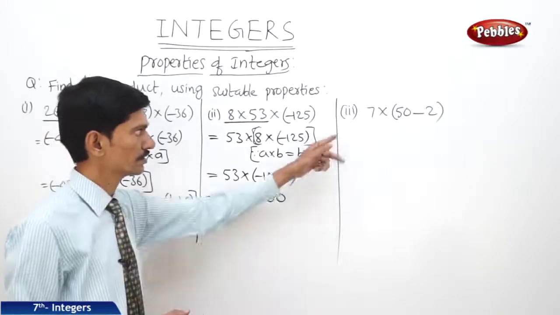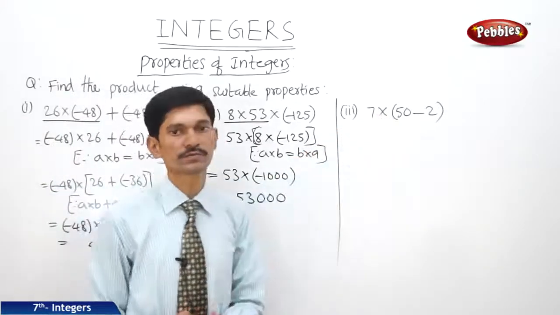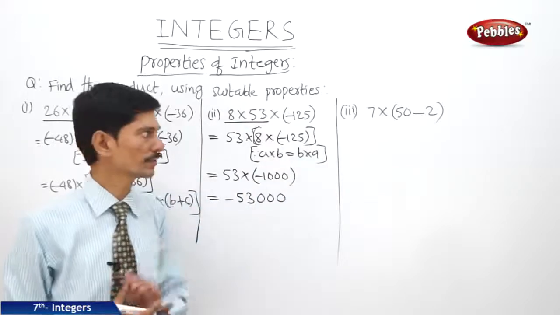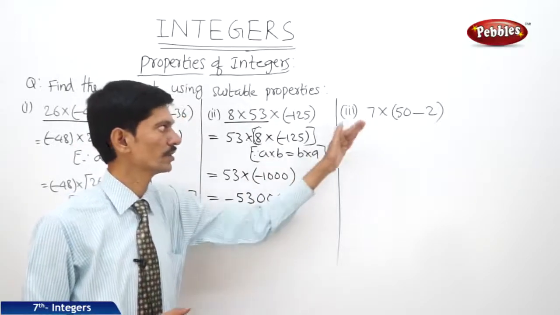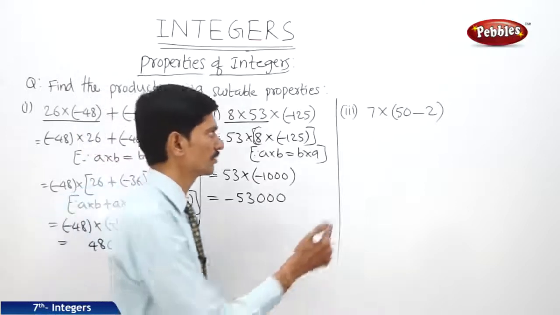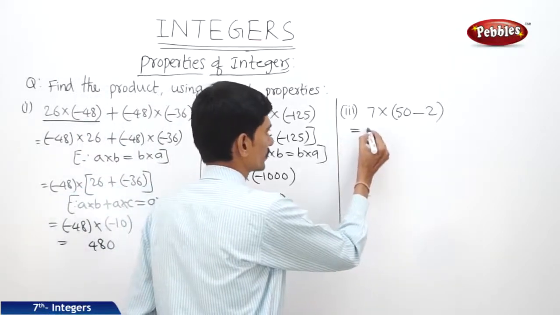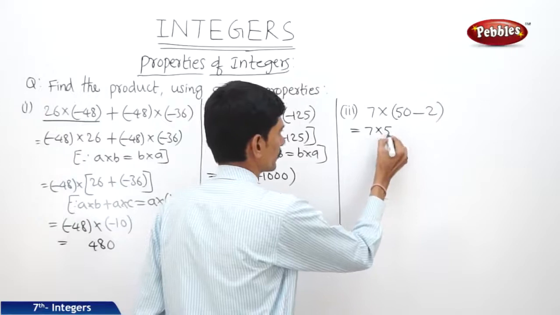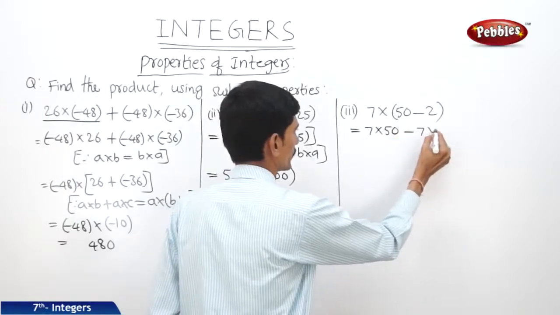Then the third question, 7 into (50 minus 2). So here also we can use the distributive property of multiplication over subtraction, or this can be written as 7 into 50 minus 7 into 2.